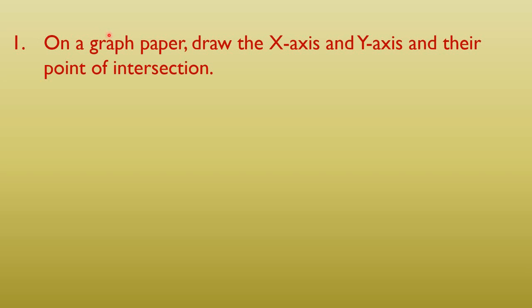To draw a joint bar graph, we have to follow some steps. So first one is, on a graph paper, draw the x-axis and y-axis and their point of intersection.